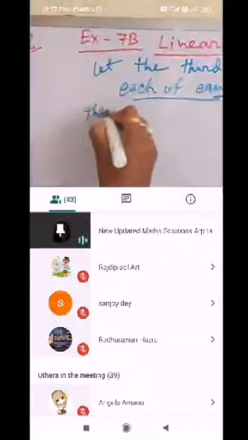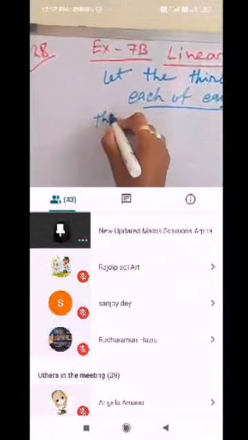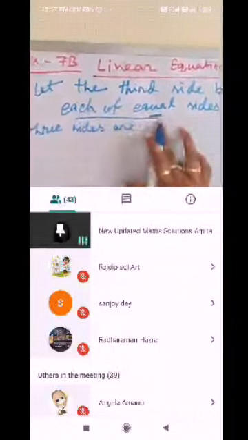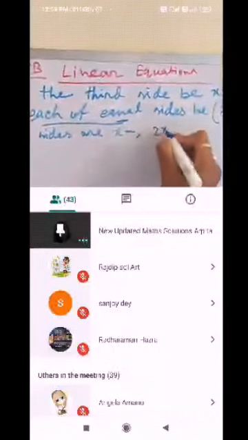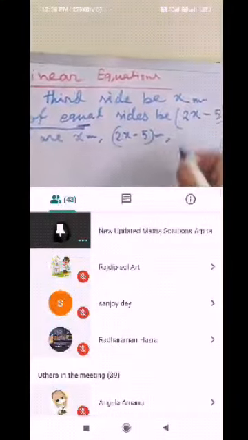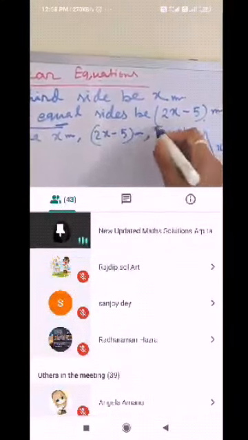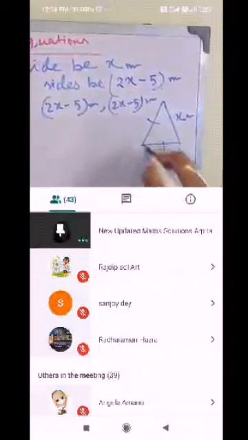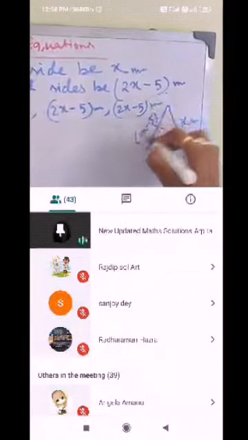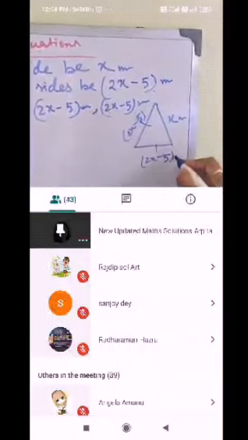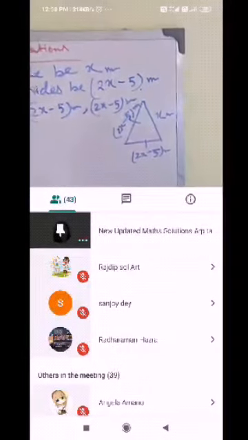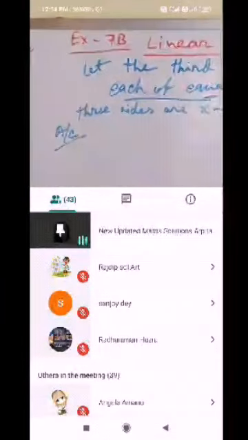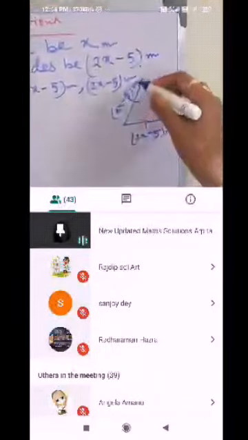So, three sides are x meter, 2x minus 5 meter, and here also 2x minus 5 meter. Now, according to the condition, perimeter is given. Perimeter means total length of the boundary.